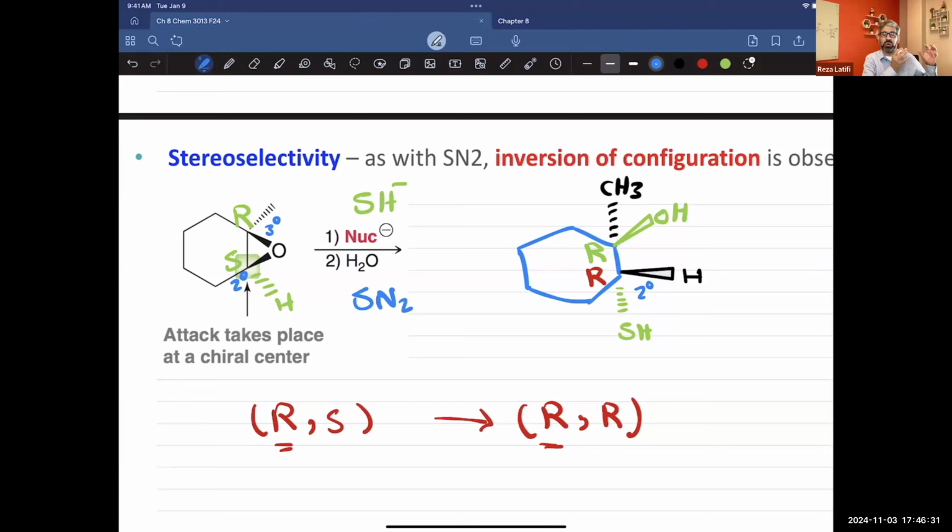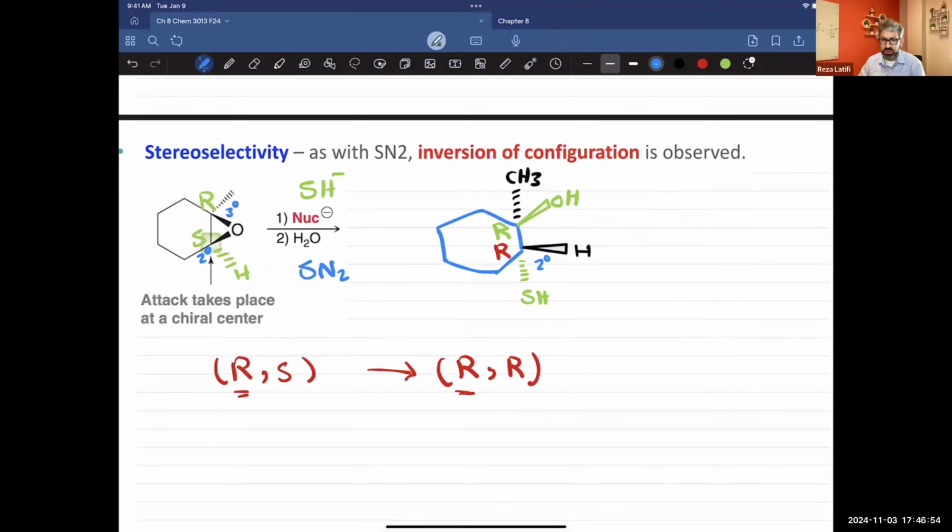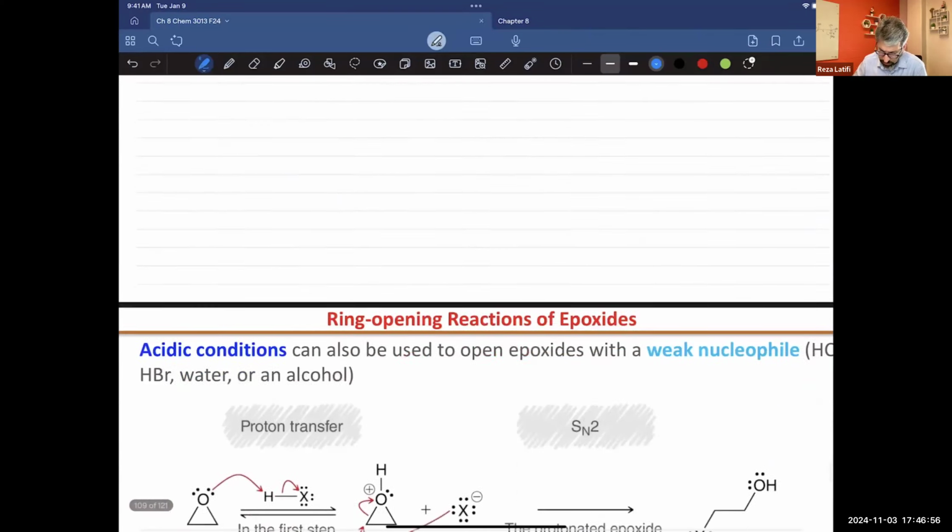It depends on what you start with. You will get the opposite as the configuration of the product. Always that's going to happen. If you start with S, you get R, or if you start with R, you get S. So we say we have stereoselectivity here because we have inversion of the configuration. Always that's going to happen because the second step is the SN2 reaction.